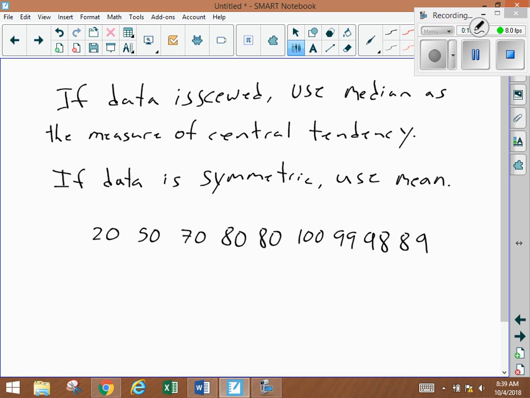I got a 20, a 50, 70, an 80, an 80, 100, a 99, a 98, and an 89. If I was to graph this data, we would notice that it's skewed to the left, meaning there's a whole bunch of data over here.